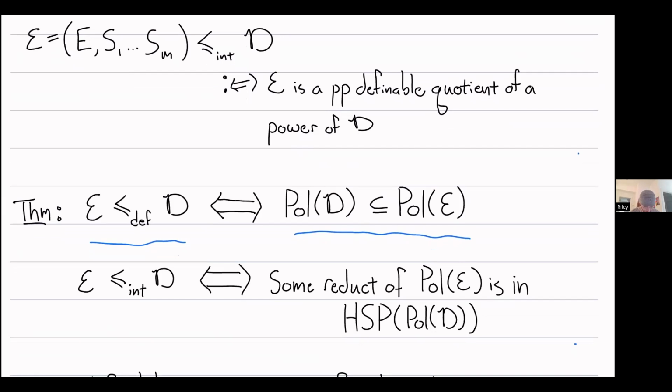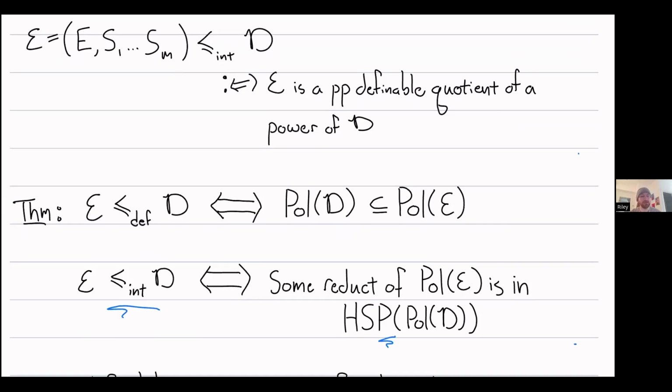And then for interpretability, it's not enough to know that the polymorphism algebra for D is a reduct of the polymorphism algebra for E. But what you need is that the polymorphism algebra for D has some reduct that's in the variety generated by the polymorphism algebra for D, in the HSP.